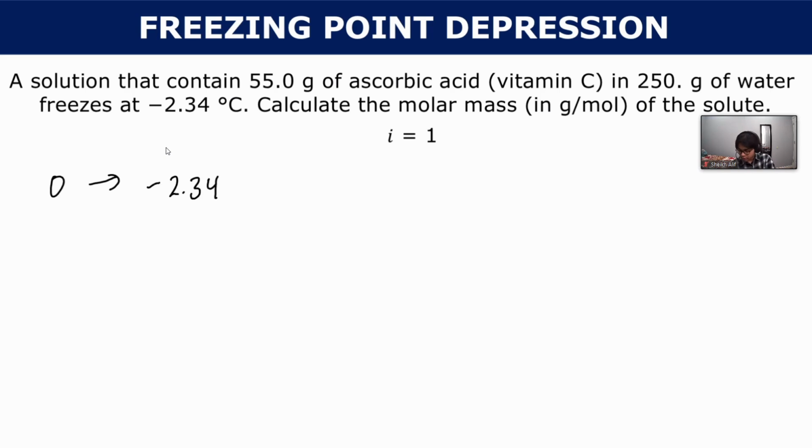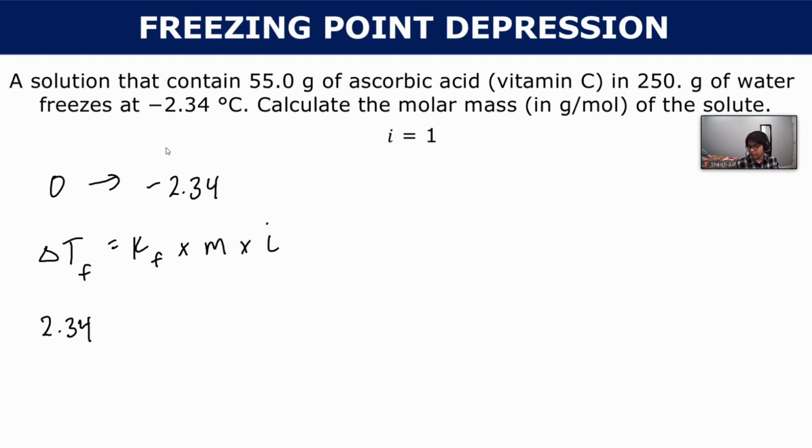And so if we look at our formula, which is delta Tf equals Kf times molality times the Van't Hoff factor, which we're given for now. Since we know that the freezing point goes from 0 to negative 2.34, we know that delta Tf is going to be 2.34. And you might wonder, shouldn't delta Tf be a negative value since we go down in value?